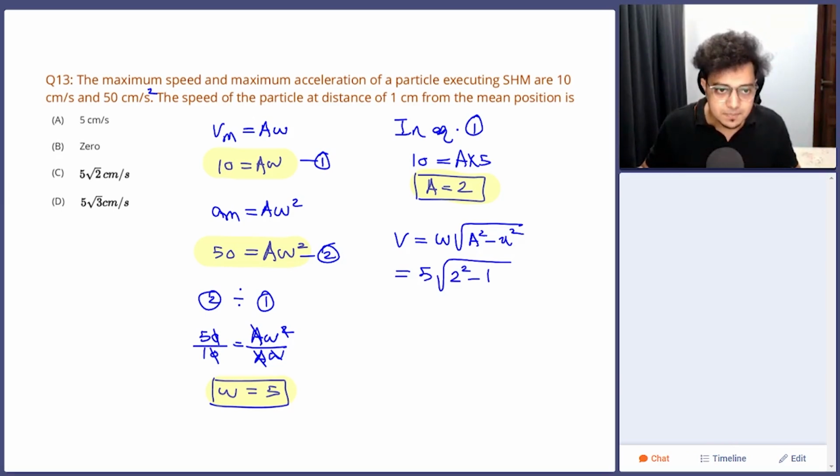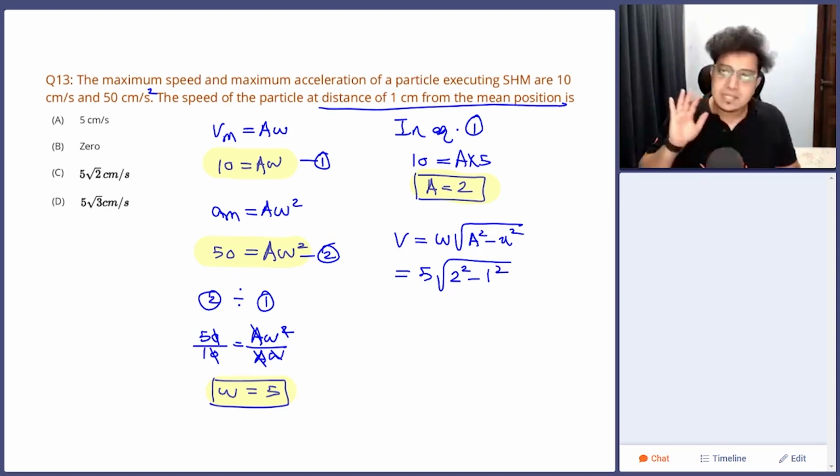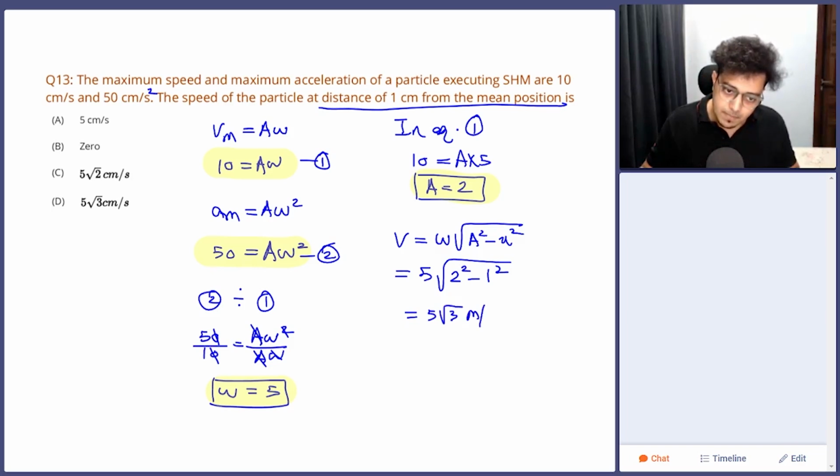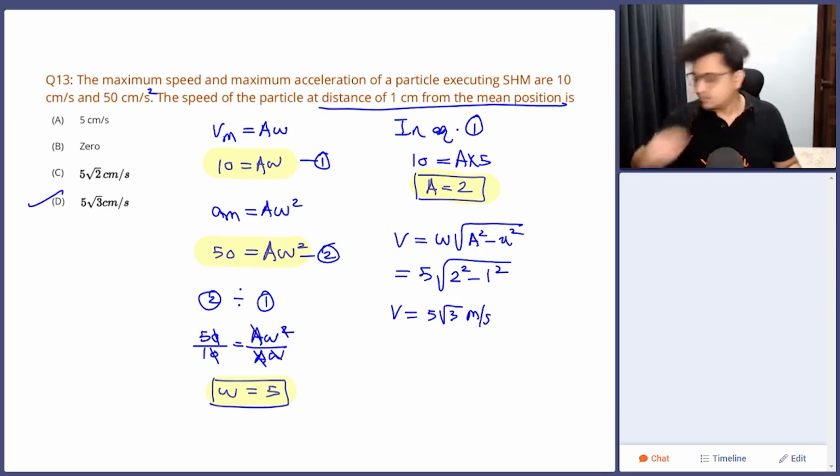They have given speed at a distance of 1 centimeter from the mean position, that is your displacement. Everything is in centimeters only, that's why I'm not converting. Answers are also in centimeters. And then 2 square will be 4 minus 1, 3. So 5 root 3 centimeter per second. That is velocity. Option D. Okay. Clear?